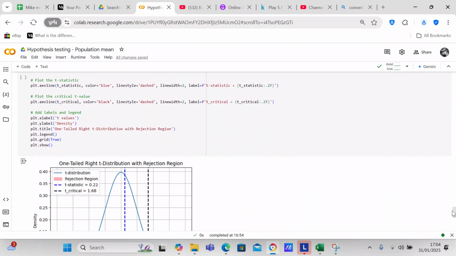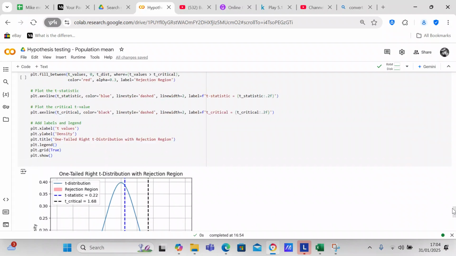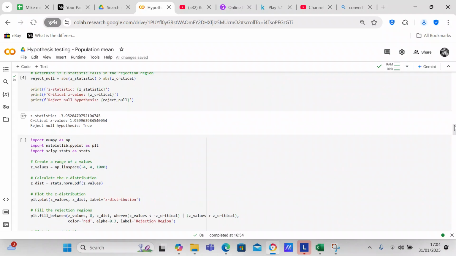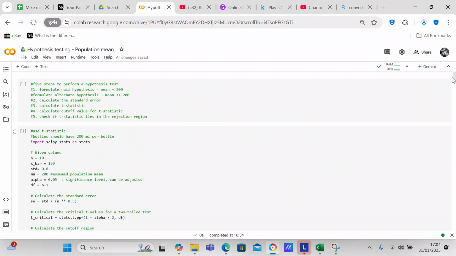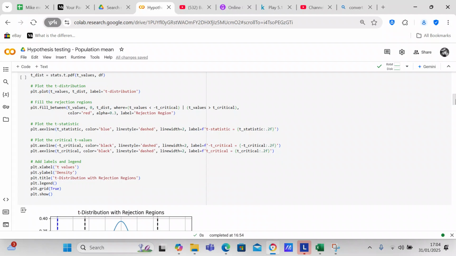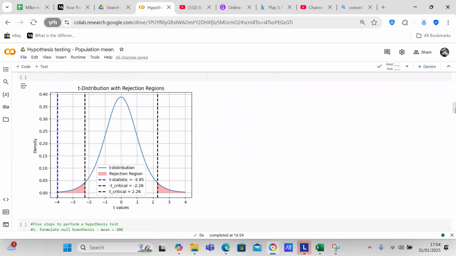So it gets a little bit tricky, and you have to experiment a lot with it, which I've been doing. And it's hard work because there are rules about whether you're going to use a two-sided hypothesis test or a one-sided hypothesis test, whether it be a right side or a left side.